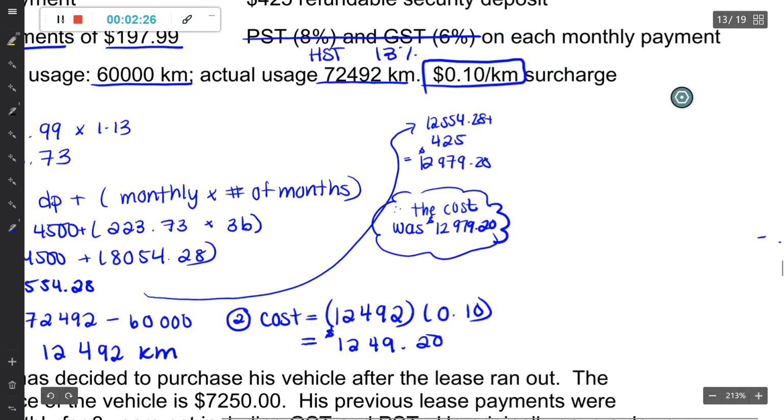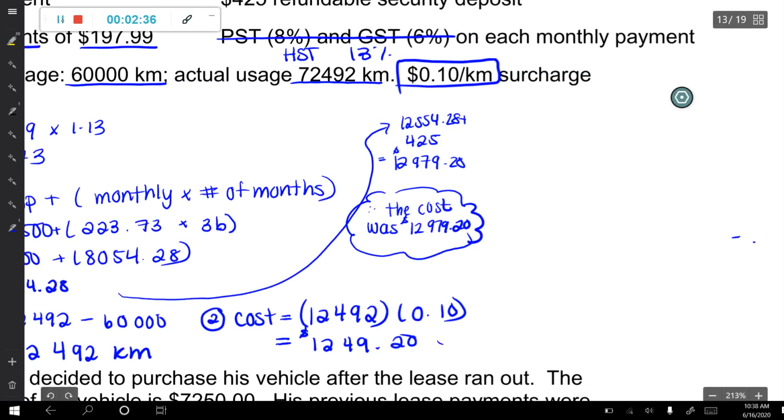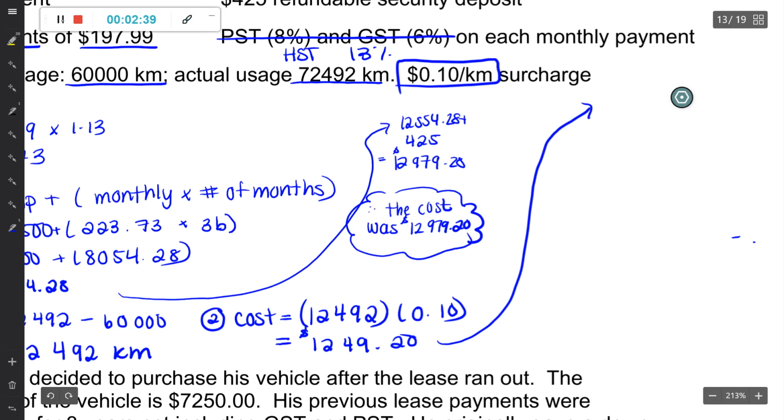So he paid an extra on top of the security deposit, on top of how much he paid for his lease. He paid another extra $1,249.20. So I'm going to add that to the total cost of the lease.